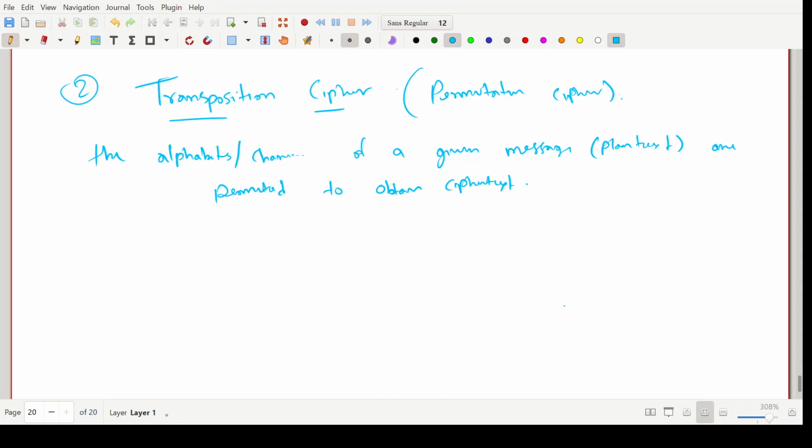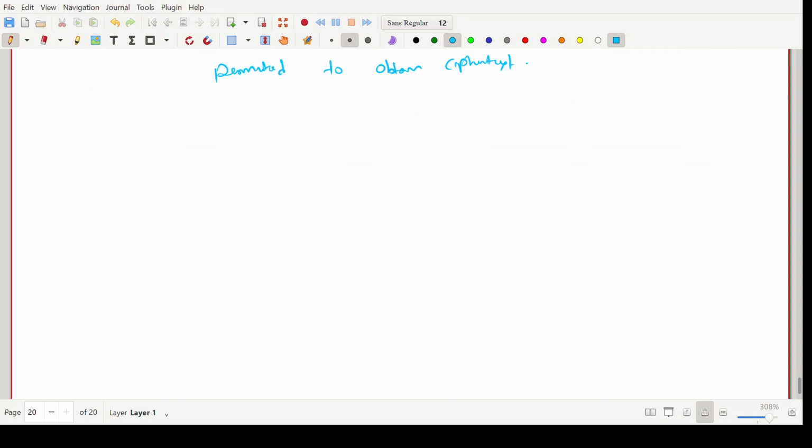The idea of the permutation cipher is to keep the plaintext characters unchanged, but effect a change in their positions using some permutation. Let us take an example of the permutation cipher.